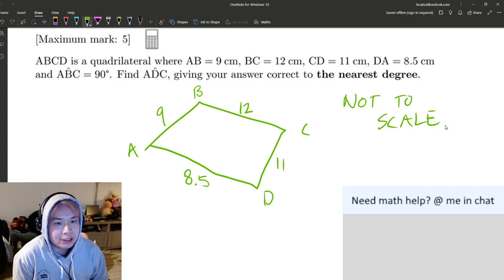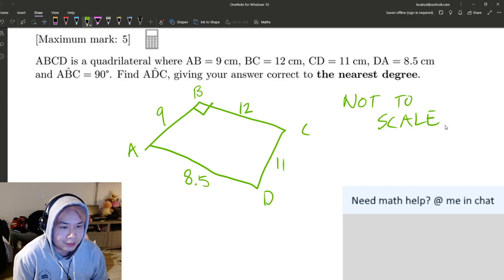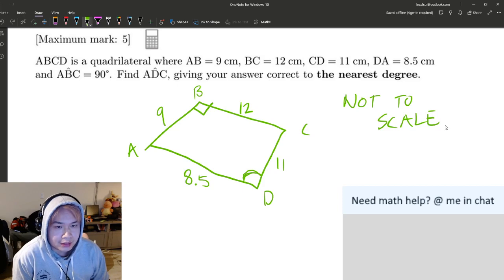What else do we know? We know that angle ABC is 90 degrees, so this is 90 right here. Thus, we need to find angle ADC over here. This is pretty easy, right?